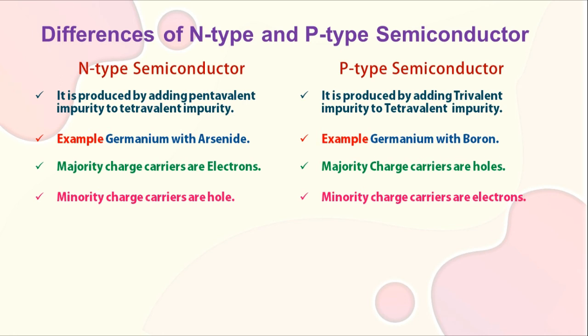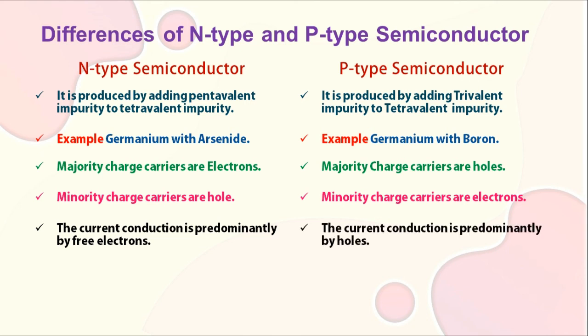Okay, the next difference is that current conduction is predominantly by free electrons in N-type semiconductor, and current conduction is predominantly by holes in P-type semiconductor. This is also one more difference.